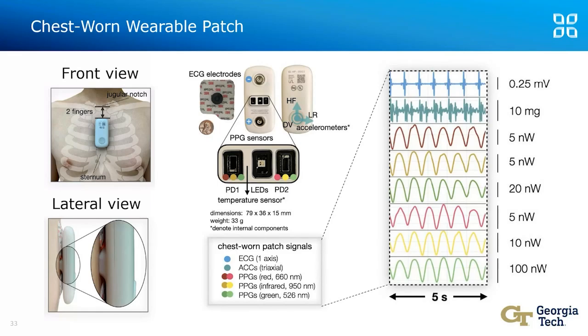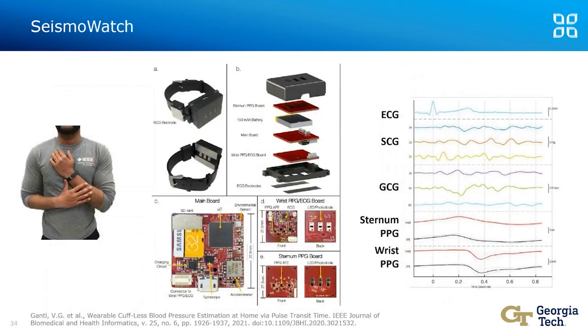And this is something that we've studied heavily at this point in patients with heart failure, with more than 100 to 200 patients using this device in various studies, previous iterations of the device as well, and especially looking into hemodynamic changes in the context of exercise. My lab has also developed wearable watch-based sensors to detect these same signals where the person will place the watch against the chest.